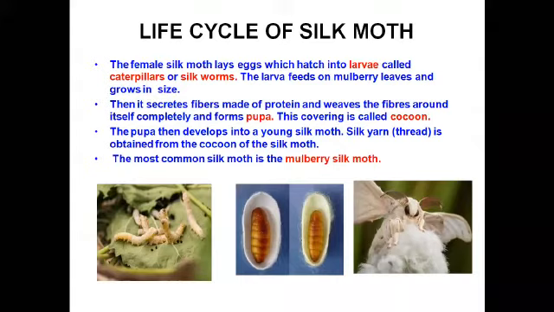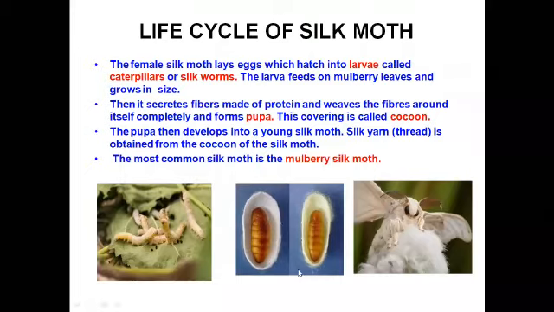As the protein comes out of the mouth of the silkworm, it starts hardening on exposure to air. Or we can say the protein becomes hard when it comes in contact with air. This is actually the silk fiber. The silkworm covers itself completely with this fiber to form a cocoon.